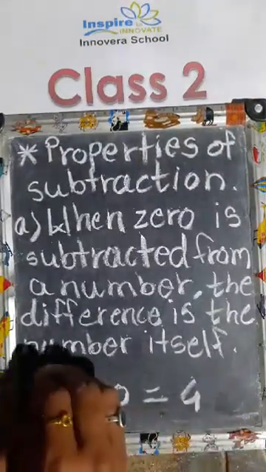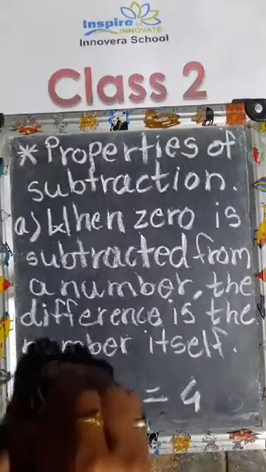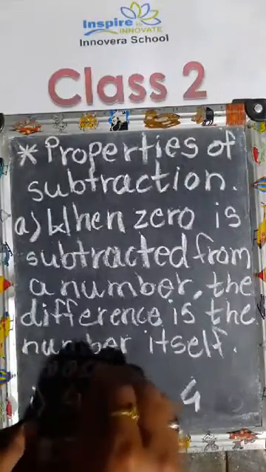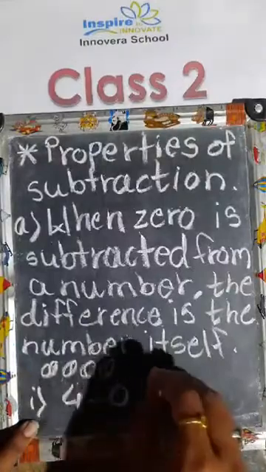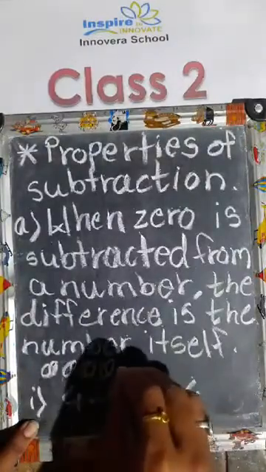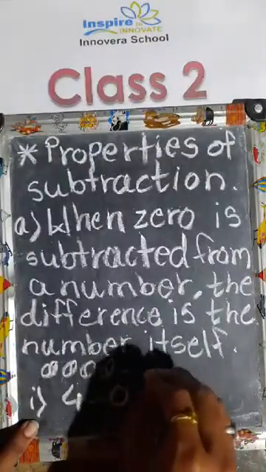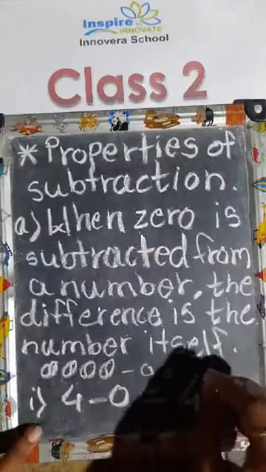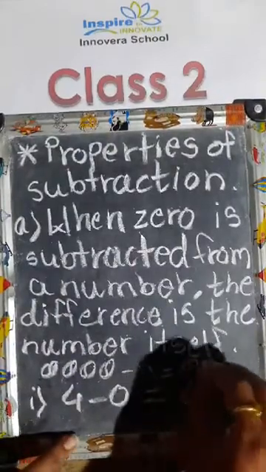I have 4 balls, and I have not given any ball to my friend. So, how many balls remain over here? 4 only.